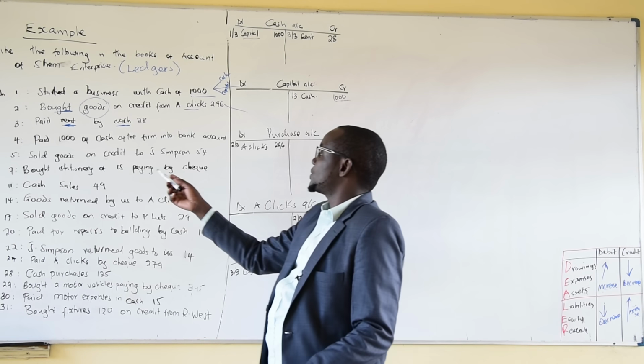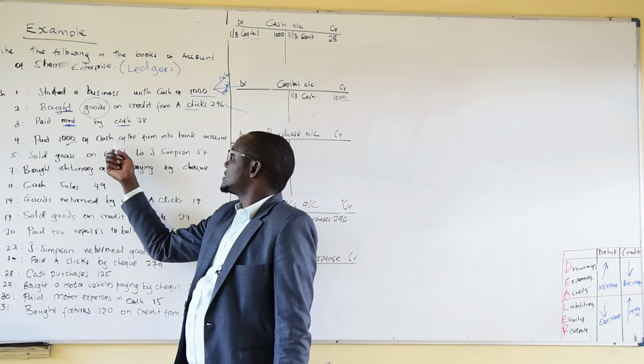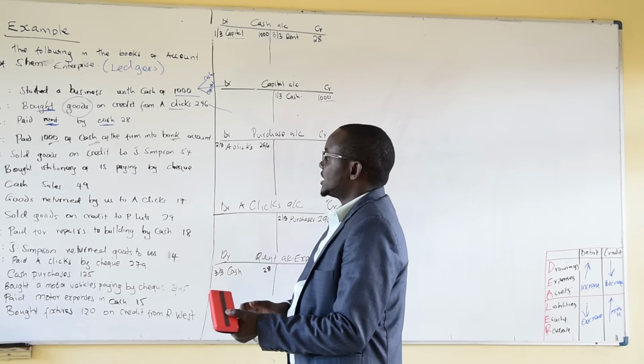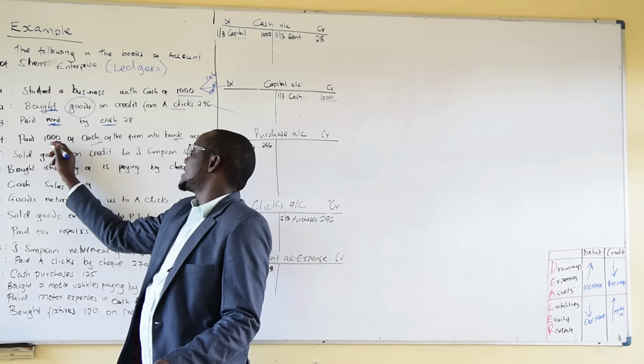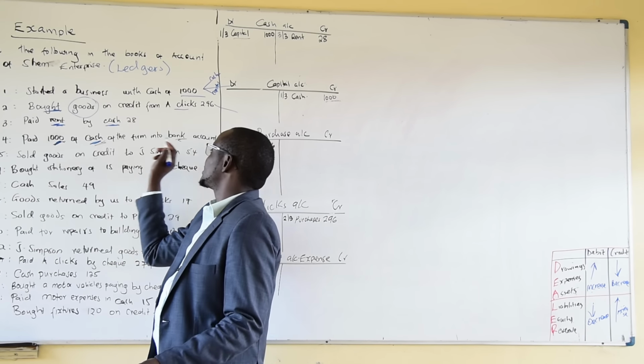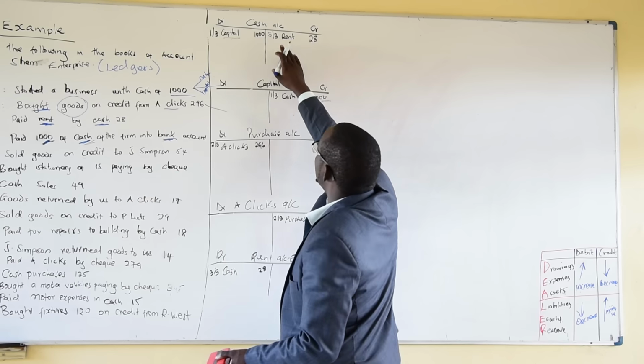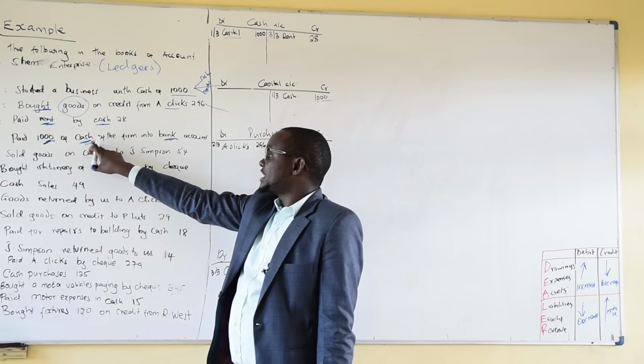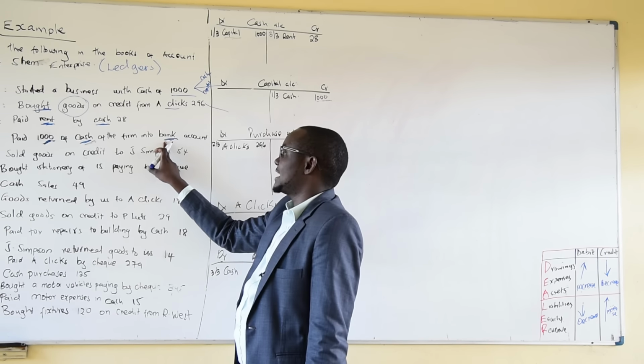The next one we are told paid 1,000 cash into the bank. The two accounts being affected here are cash and bank. We already have a cash account. What we don't have is a bank account. Cash is an asset, and bank is an asset.